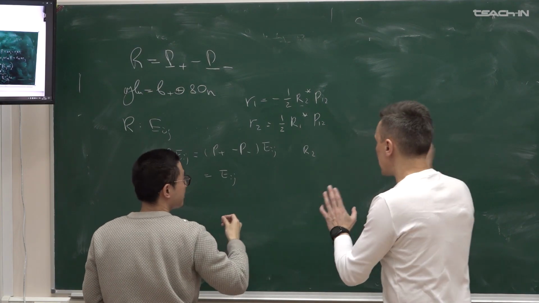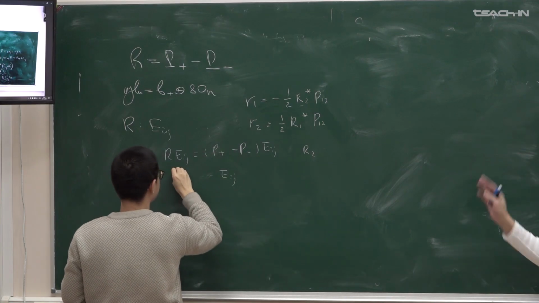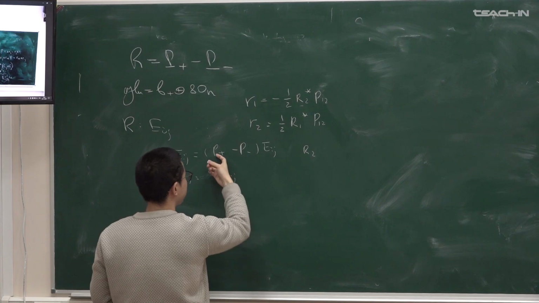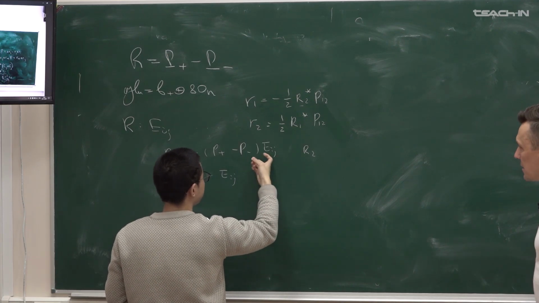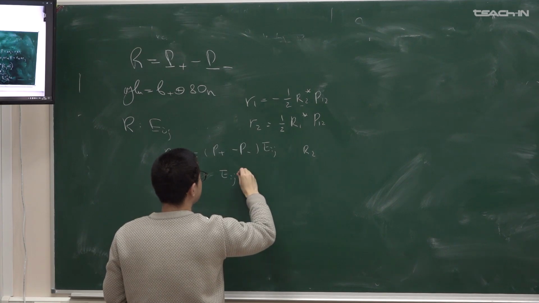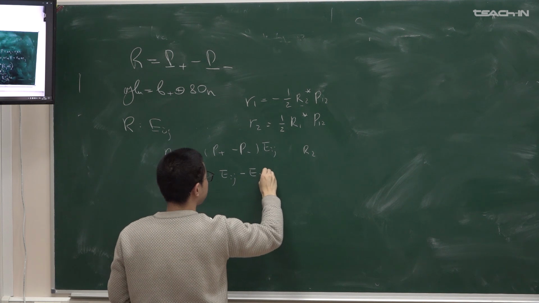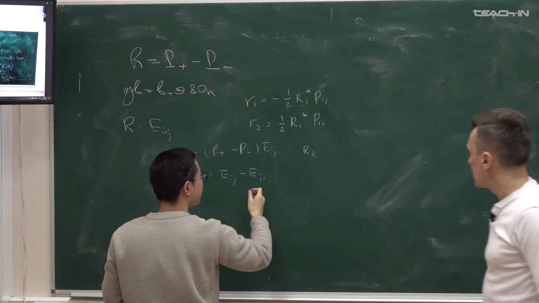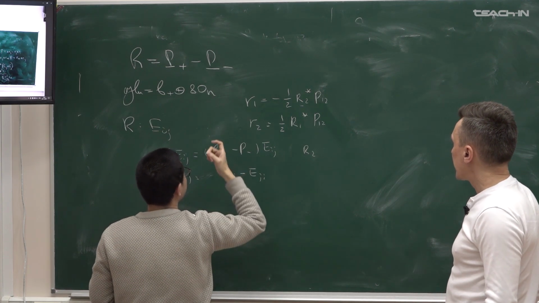It is better to write just in cases for which choice of indices it is the identity. For I greater than j, P plus sends Eij to Eij itself, and P minus sends it to Eji. I'm not sure.